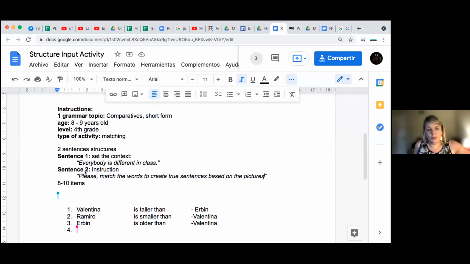And then based on that, they have to match the words to create true sentences based on the pictures. How close are we to correctness? No comments. I'm reading it. I'm looking at this.